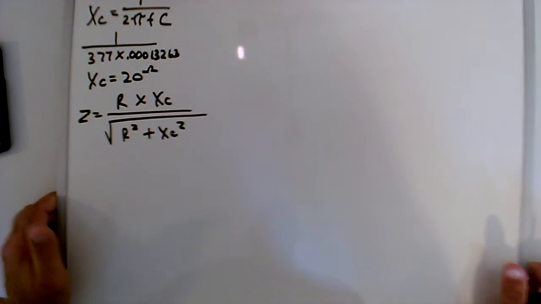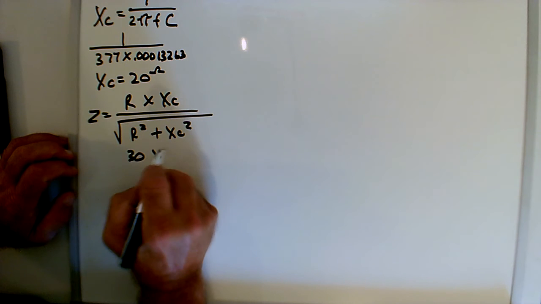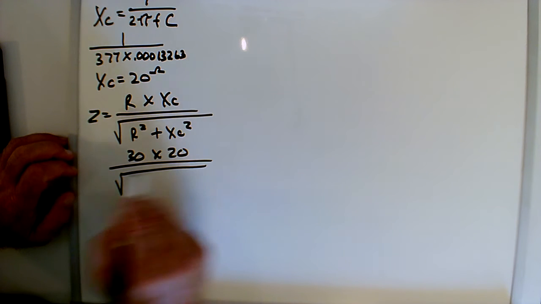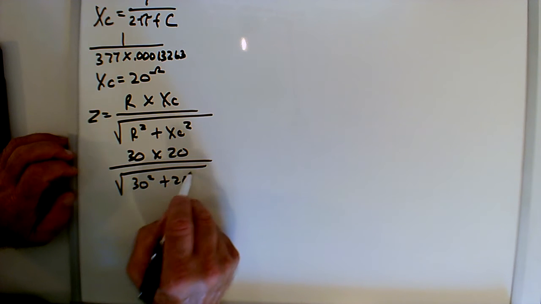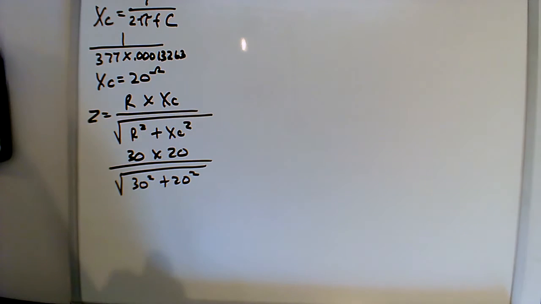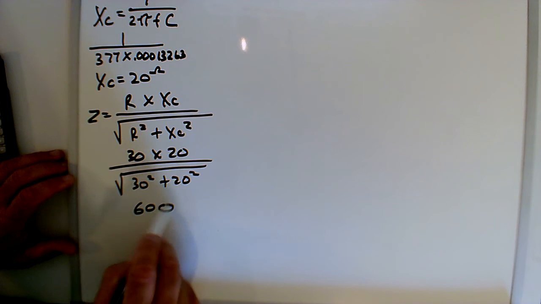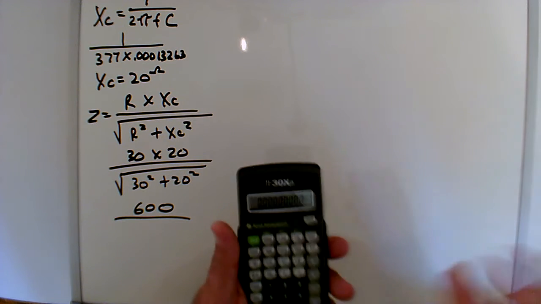That was a value that I gave you to start with. So that would be 30 times 20 divided by the square root of 30 squared plus 20 squared. So I know that 30 times 20 is 600. And let's figure out what the value is down below.